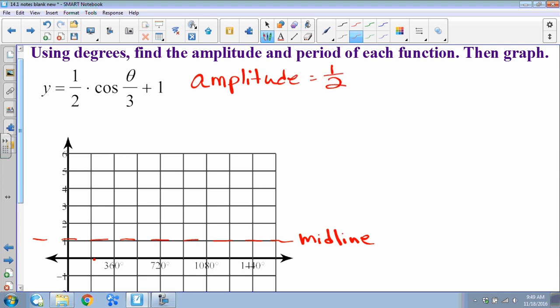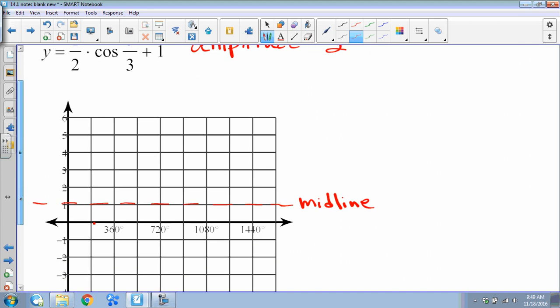My amplitude is 1/2. That means from the midline, it goes up 1/2 and down 1/2. Well, this is the whole one, so up 1/2 and down 1/2. You with me? Okay.